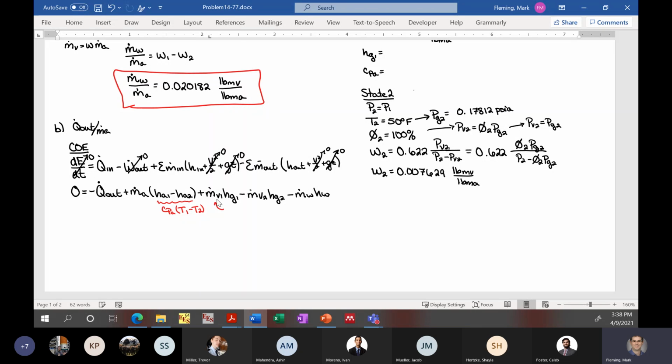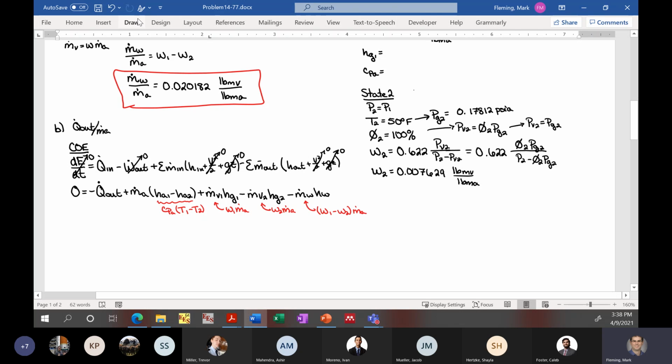Then we're also going to note that the mass flow rate of the vapor can be related to the humidity ratio times the mass flow rate of dry air. And this value we solve for up here. This would be the difference in the humidity ratio, W1 minus W2, times the mass flow rate of dry air. So if we wanted to make all of these substitutions, we can.